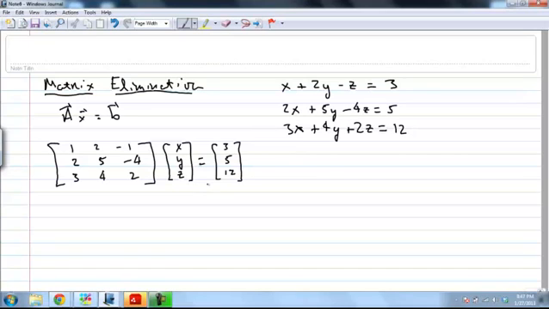After we write this in matrix form, we're going to form the augmented matrix. This is the first step of elimination. I form the augmented matrix by writing my A matrix and now I'm going to augment it with the vector b.